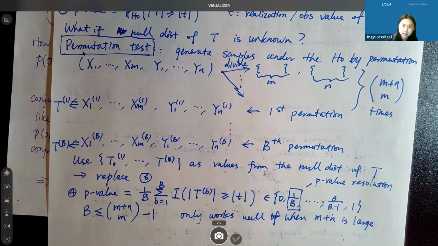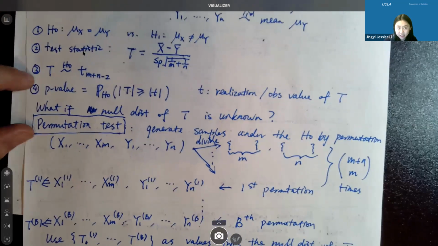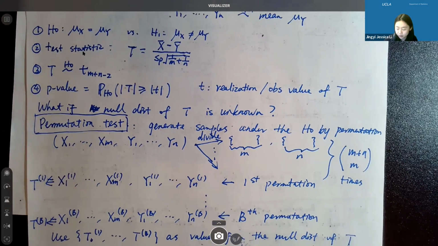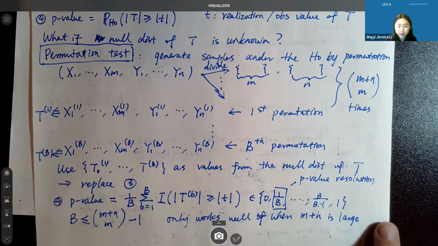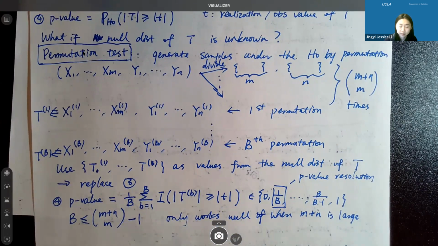This is again consistent with the philosophy I'm saying. Think about the normal assumption for the t-test as what we call a parametric assumption. This parametric assumption may be unrealistic, but given that the sample size is very small, that's your best bet, so you have to rely on it to do something.